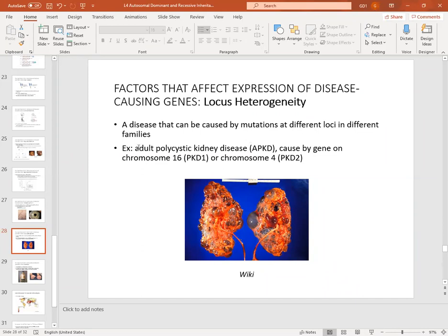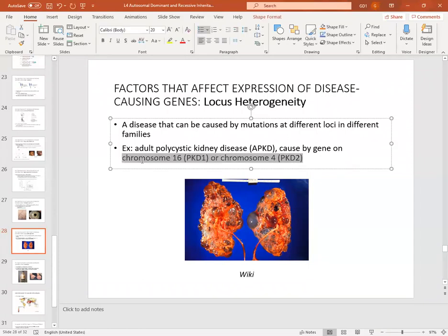So here one example is PKD, polycystic kidney disease. My kidney is really terrible like this. There are a lot of cysts in the kidney. It is coded by a gene on chromosome 16, PKD1, and chromosome 4, PKD2.